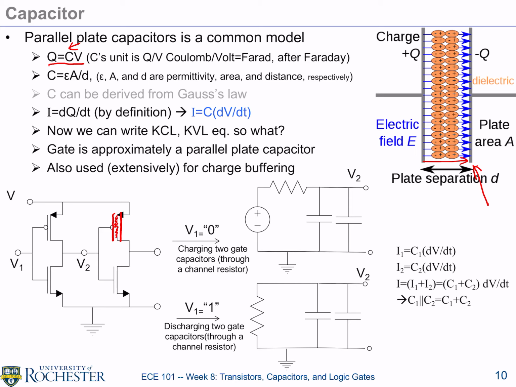Now, the capacitance of this is a function of a couple of things. First, the permittivity of the dielectric, of whatever is used to fill this. So this could be air, this could be some insulator, whatever it is. It's proportional to area. The larger it is, you need more charge to fill it, and it's inversely proportional to the distance. Okay, and you will learn about this in the circuit course.